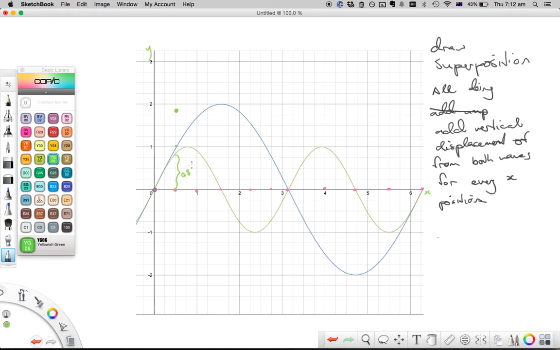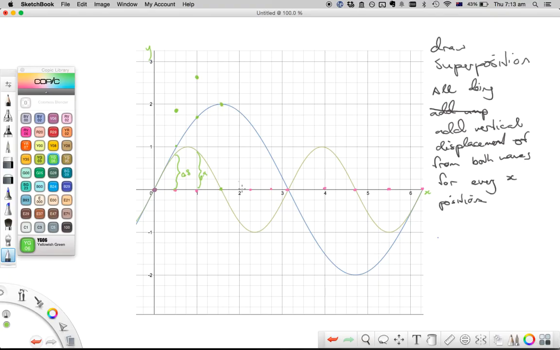Here, again, our displacement is about 0.9. So we need to add that 0.9 onto this displacement from the blue graph. So 1 would be 1, 2, 3, so we'll come back a bit. We're about there. Here, the y displacement at this x point is 0, so we need to add the displacement contribution from the green graph, which is 0, onto this graph here.